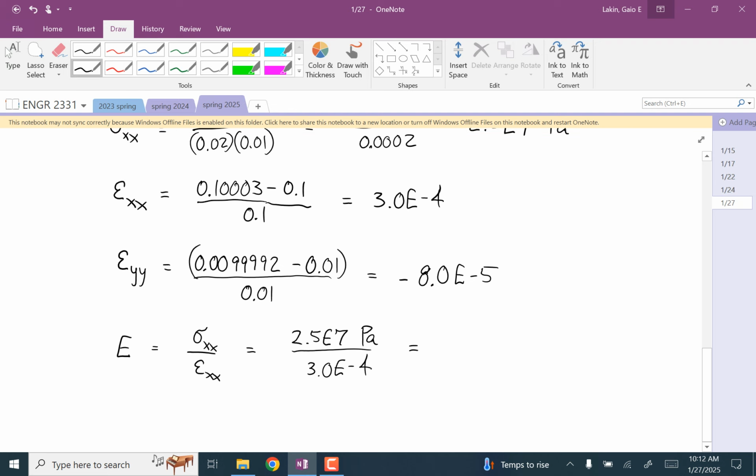And you get 83.3 repeating times 10 to the 9 pascals. That stiffness is somewhere in the ballpark of like copper, a softer metal. The one we'll use all the time is steel. That one has a value of 200 times 10 to the 9.